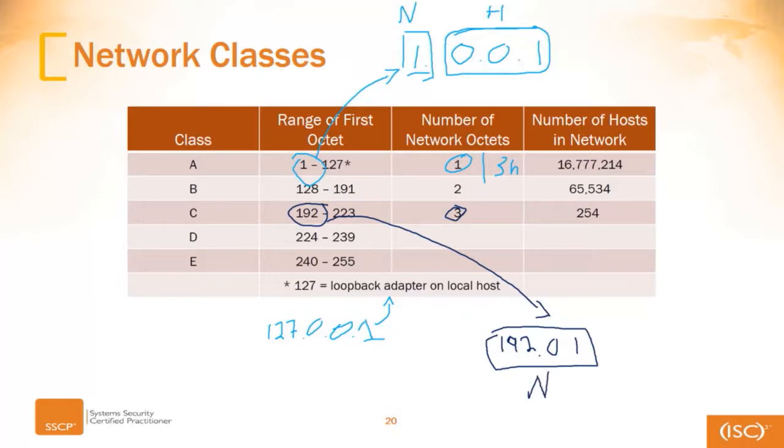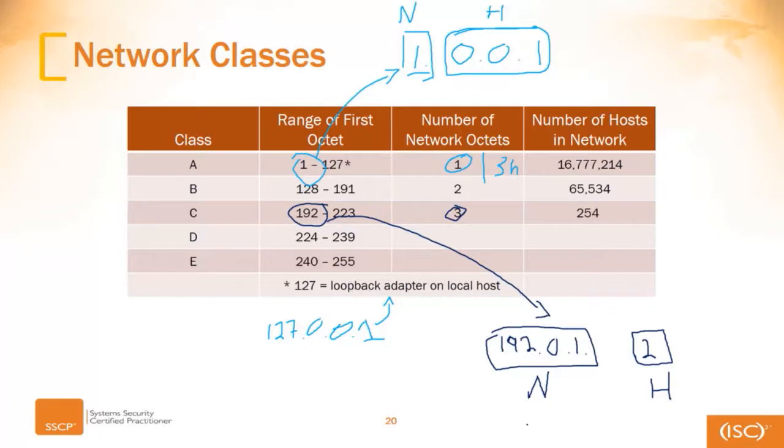Put N for network. We'll put our dots there representing that. And then for our last one over here, put a box and we'll put, let's just say 2. And that's going to be a host address. So in the Class C address of 192.0.1, the first 3 octets are network.